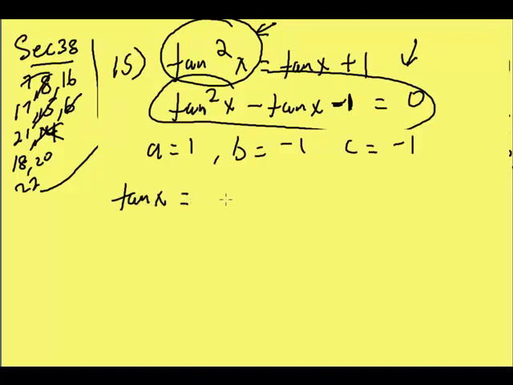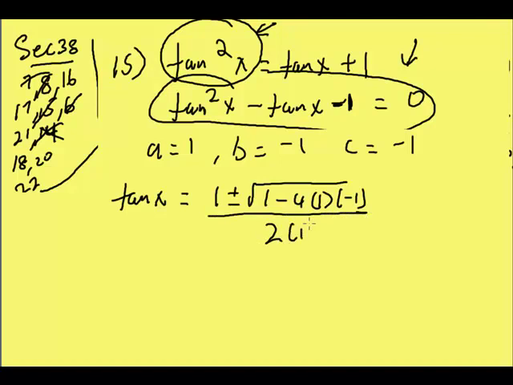So negative B, which is 1, plus or minus the square root of negative 1 squared, which is 1, minus 4 times A, which is 1, times C, negative 1, all that over 2 times A, which is 1. Tan of x is equal to 1 plus or minus the square root of, inside the radical, what am I going to get? Right there, 5, all that over 2.